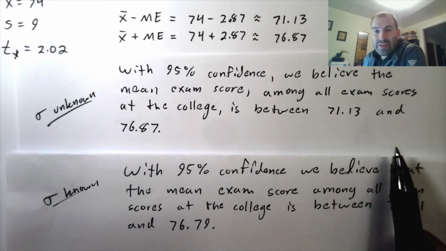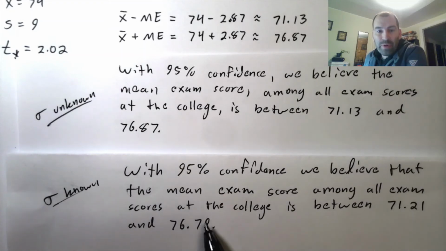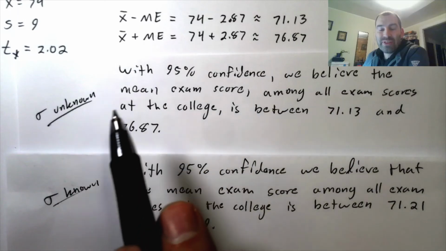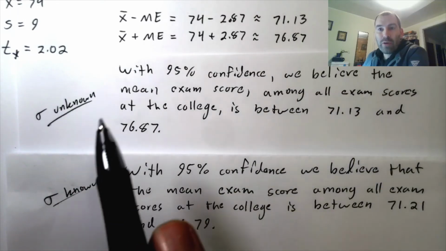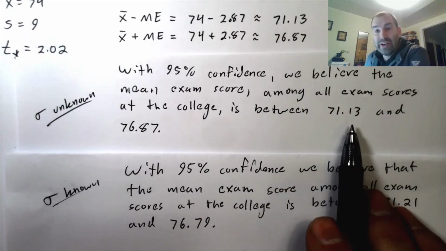Well, you'll notice that this value is a little bit less than this value, and this value is a little bit more than this value. This is a bigger confidence interval. We are being less precise. Why? Because we don't know the population standard deviation. We're using the sample standard deviation instead. We're using information that's a little bit sloppier. So we should expect less precision in our answer, and that's exactly what we see here.